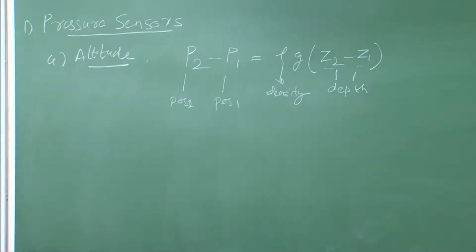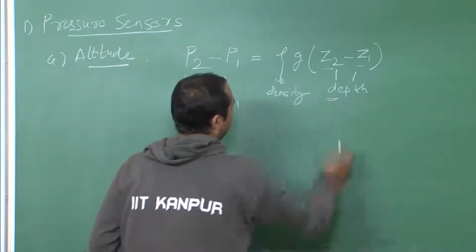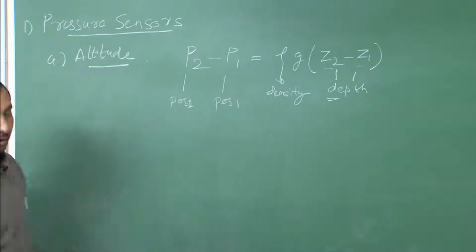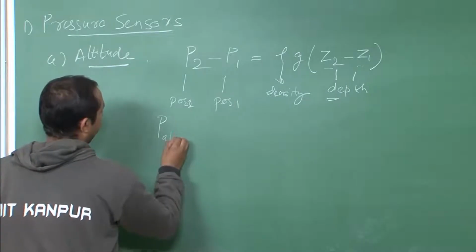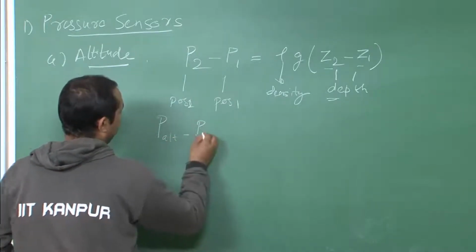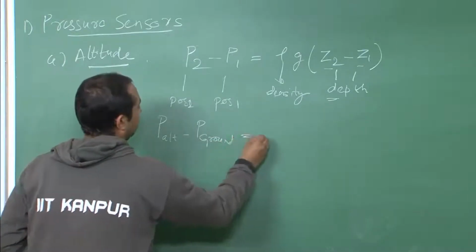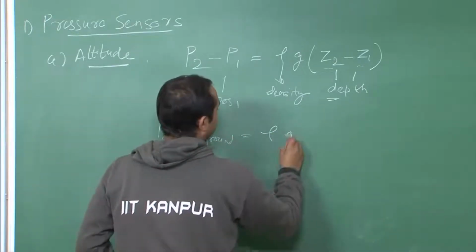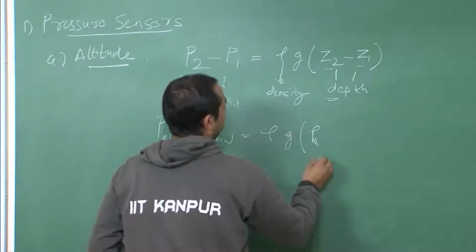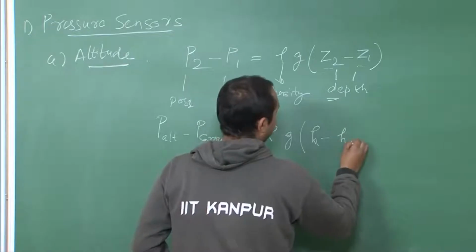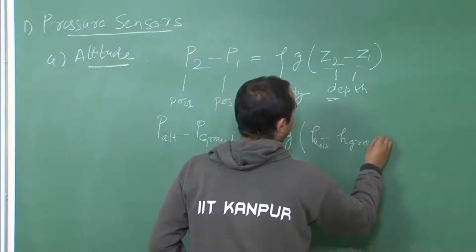Now in case of height, you just have to substitute this depth with altitude. So the equation will become P at particular altitude minus P at ground equals rho g (H ground minus H altitude), where this is at particular altitude and this is your ground.